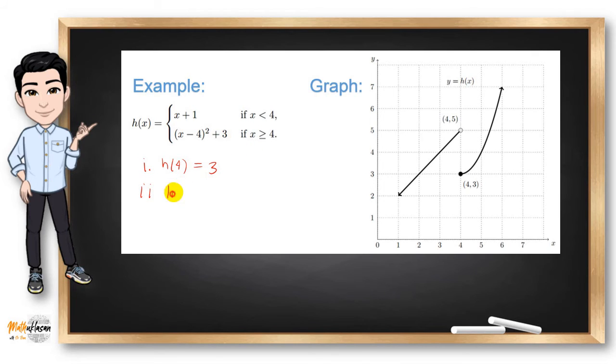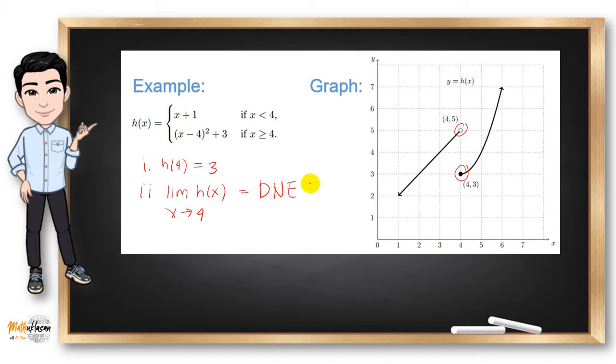Pero pag dinefine natin or in-evaluate natin yung limit ng h of x na to, as x approaches 4, the limit does not exist. Because obviously in the graph, if it approaches 4 from left, the answer is 5. If it approaches 4 on the right side, it approaches 3. Diba? So, the limit does not exist kasi hindi equal yung left hand tsaka right hand limit natin.